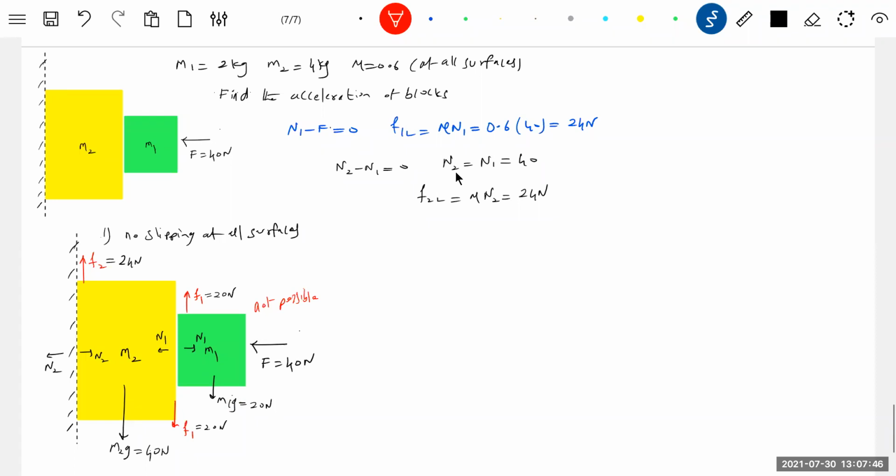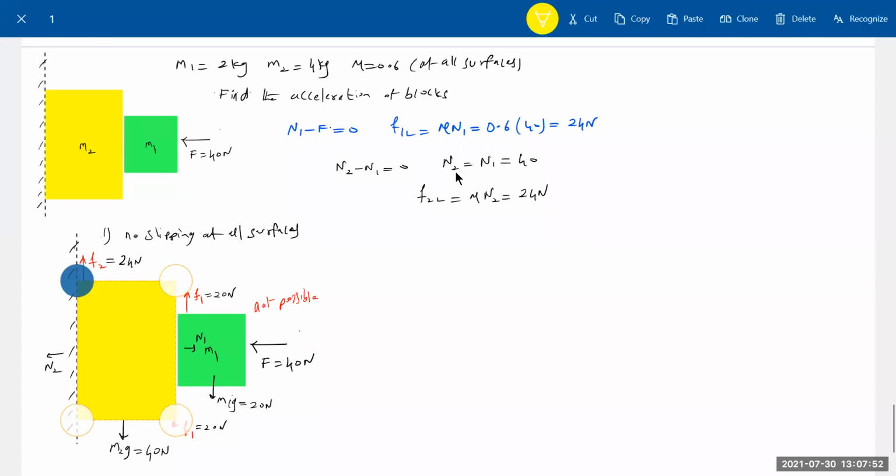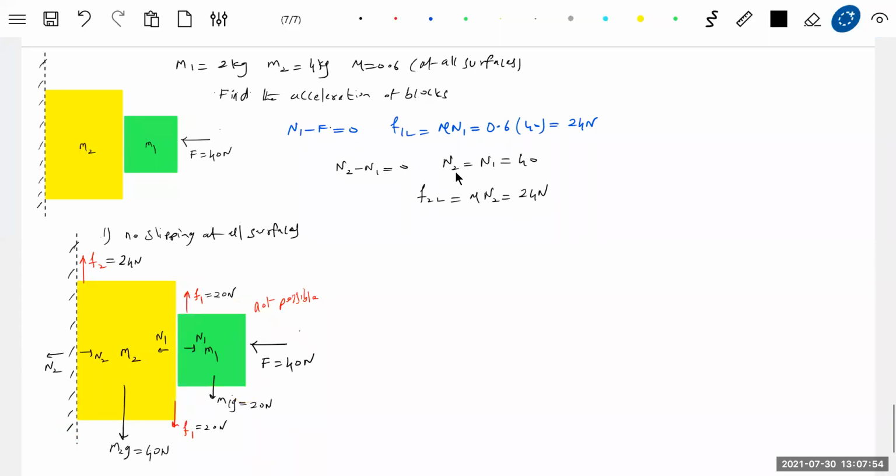At least from the diagram, we can now directly make a guess of the situation. What is the guess? No slipping occurs here. Slipping occurs here. Directly looking at this, I make a condition here. So I'll proceed.